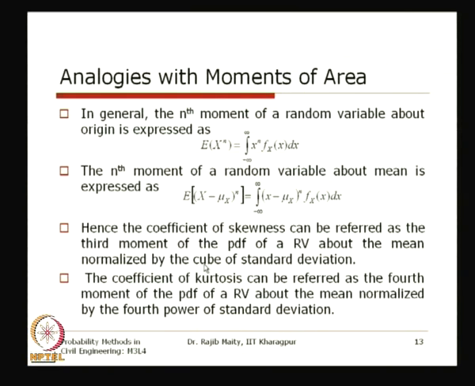We take the third moment and, to make it dimensionless, normalize it with respect to the cube of the standard deviation. Similarly, the coefficient of kurtosis can be referred to as the fourth moment of the PDF of a random variable about the mean, normalized by the fourth power of the standard deviation.